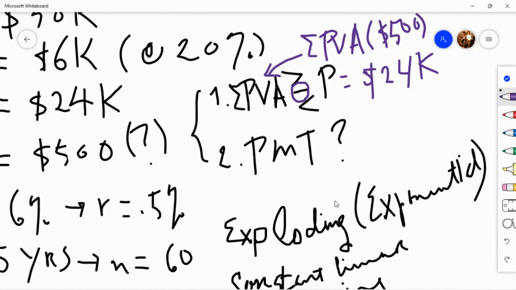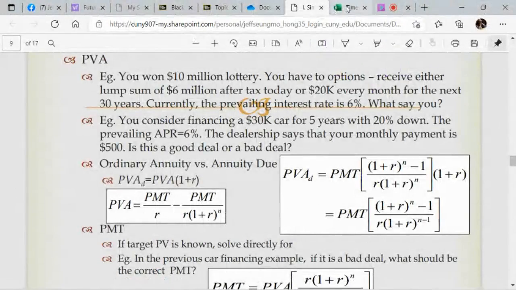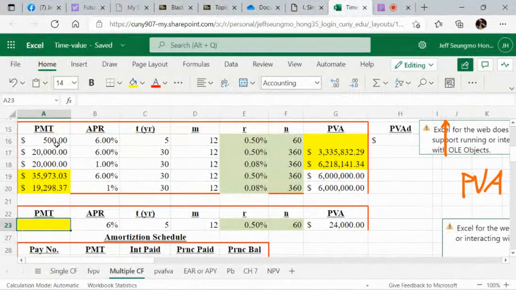When you get a loan, you are locking into a rate. So with the rate that you locked in at time zero, it must be equal. Otherwise, something's wrong. So using these two criteria, we can check if the payment is correct or not.